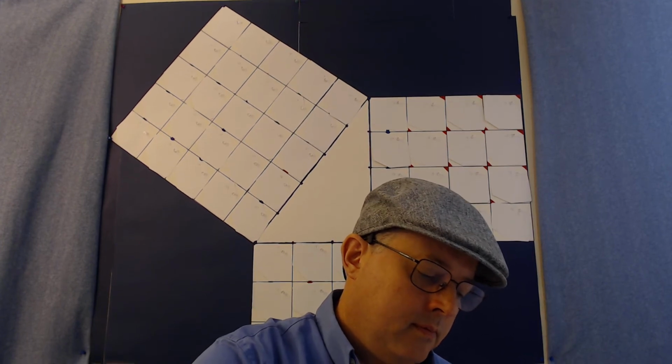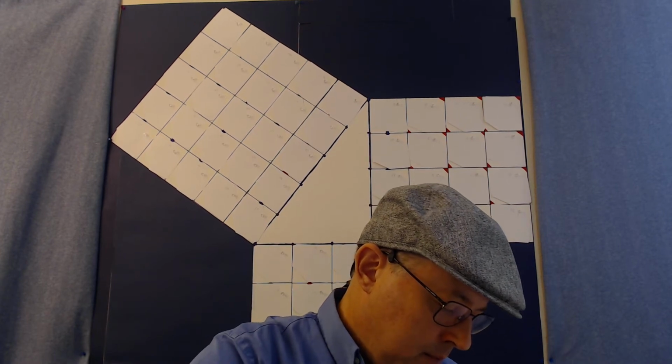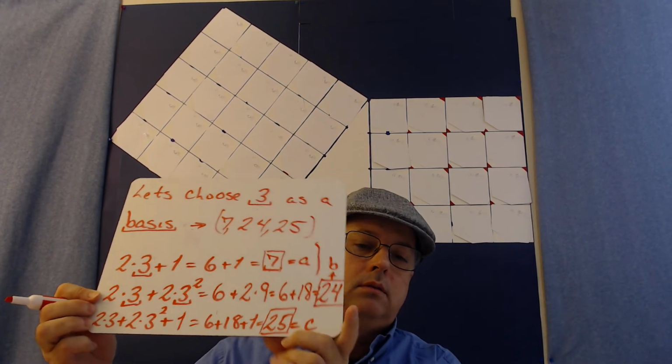And that gave us the A value. Right? And then we doubled it and added twice the square of that basis.